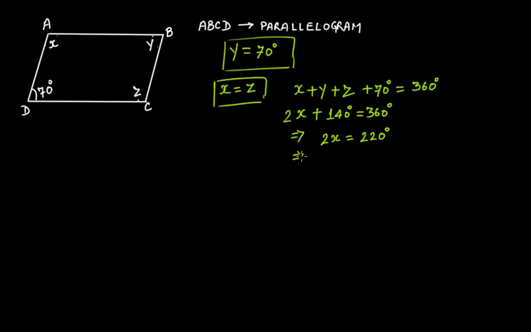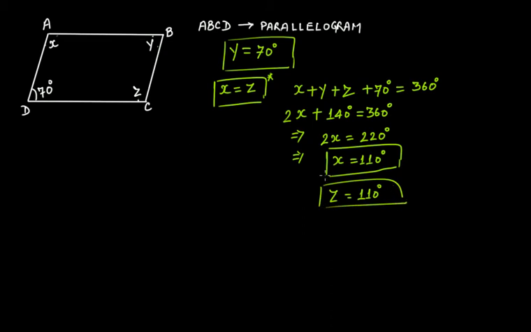And from here you get X is equal to 110 degrees. So if X is equal to 110 degrees, and X is equal to Z, then Z will also be equal to 110 degrees. So X is 110, Z is 110, and Y is 70 degrees.